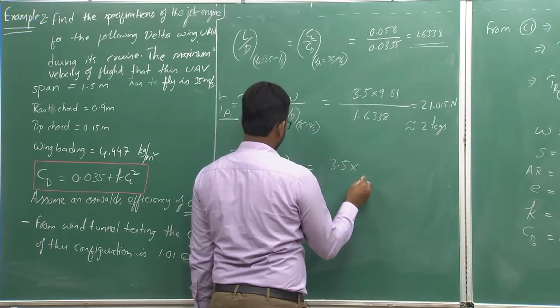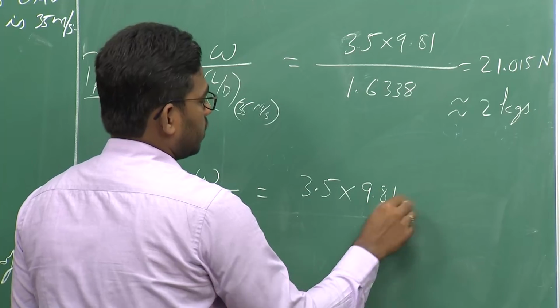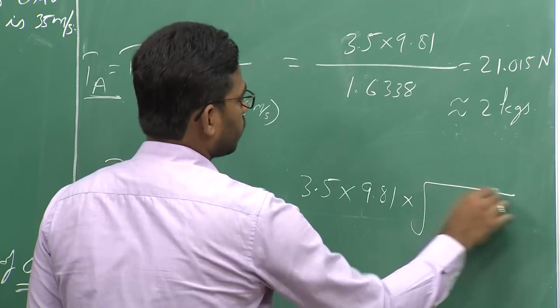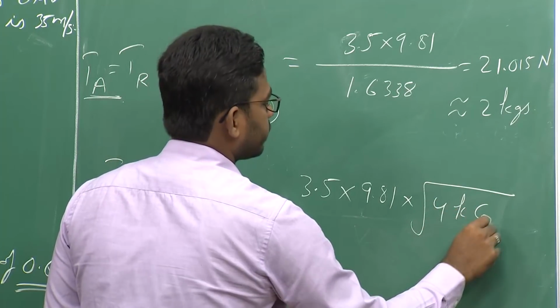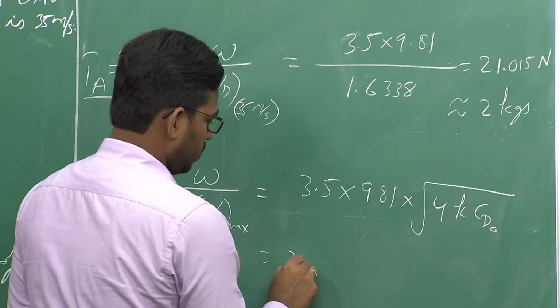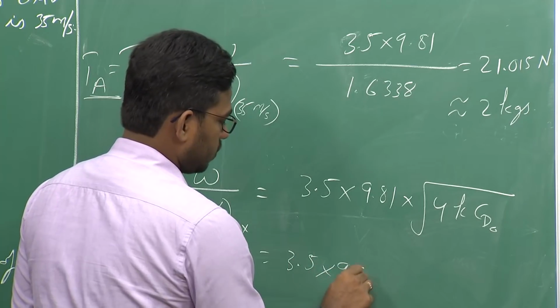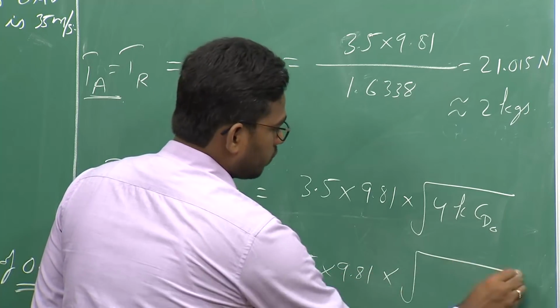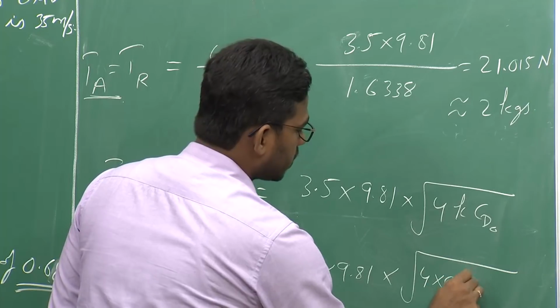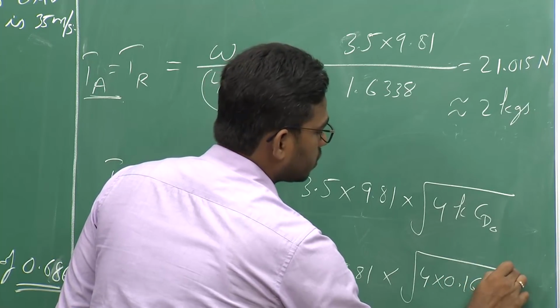That is 3.5 into 9.81 into what is L by D max, root over 4K CD naught. 3.5 into 9.81 into square root over 4 into 0.16 into 0.035.